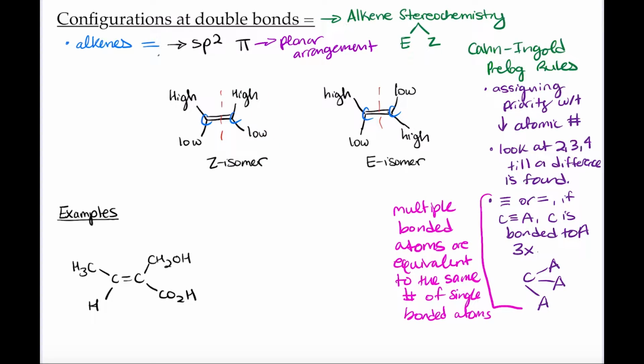They are usually ranked as higher or lower, looking at the molecule. If the higher ranked groups on each carbon are on the same side of the double bond, the alkene is said to have Z geometry. This has higher priority ranked groups on opposite sides, so this has E geometry. This is the E isomer and this is the Z isomer.